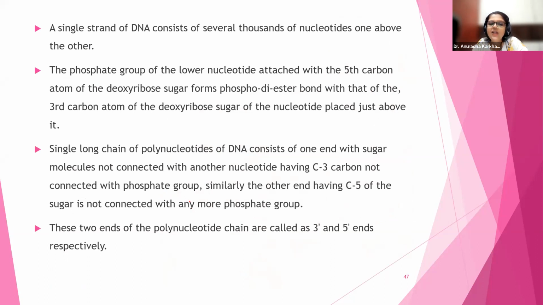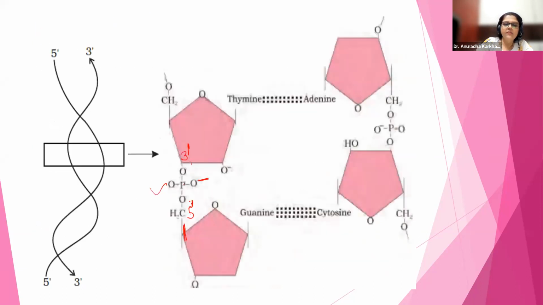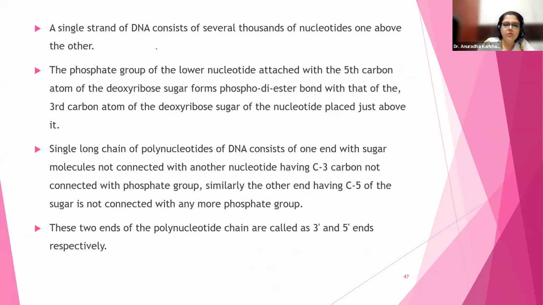Okay, it's a single long chain of polynucleotide of DNA. One end of the sugar molecule means this one. This is one end of the sugar molecule, not connected to another nucleotide, having C3 carbon not connected with a phosphate group.